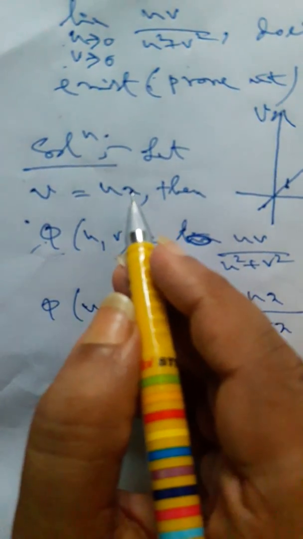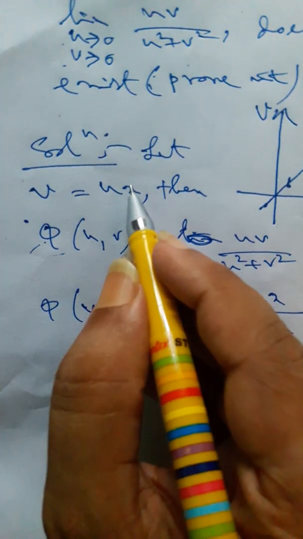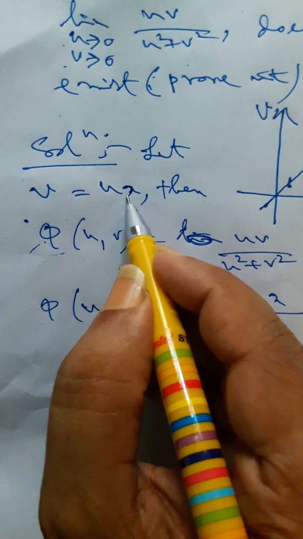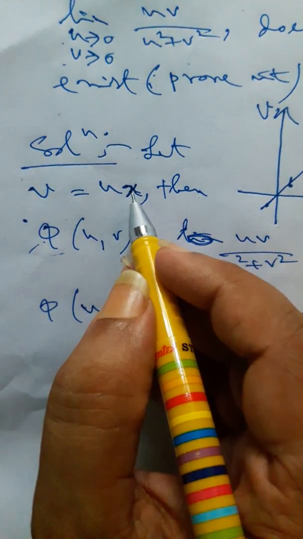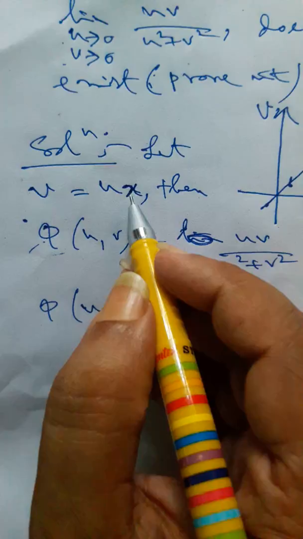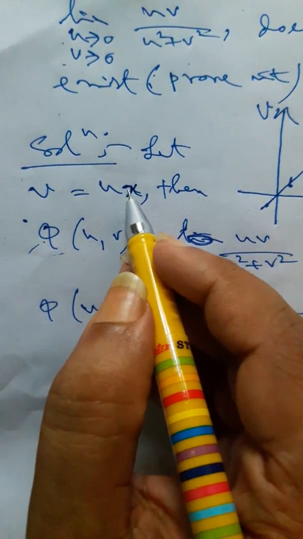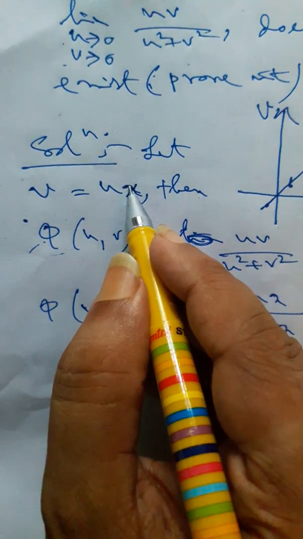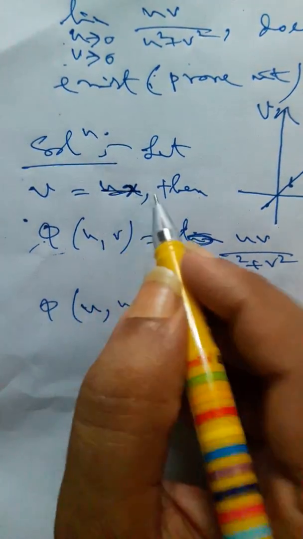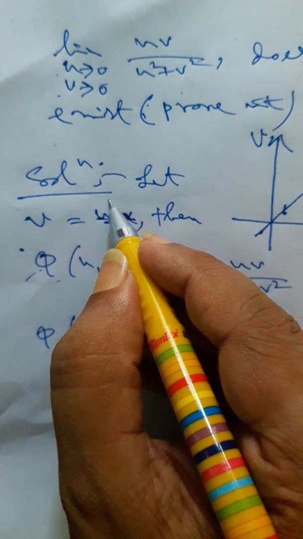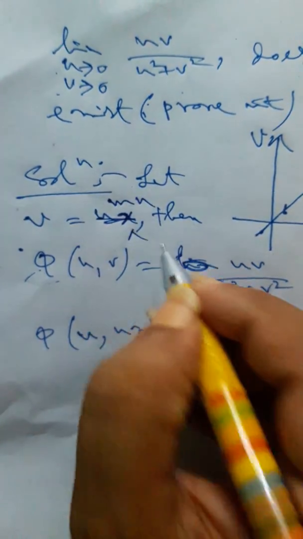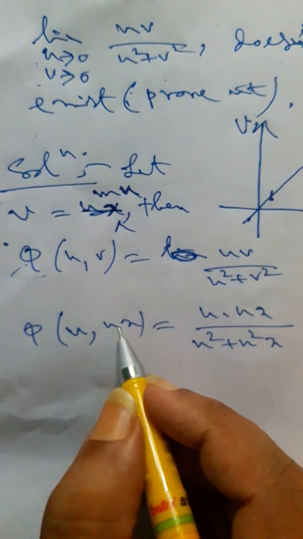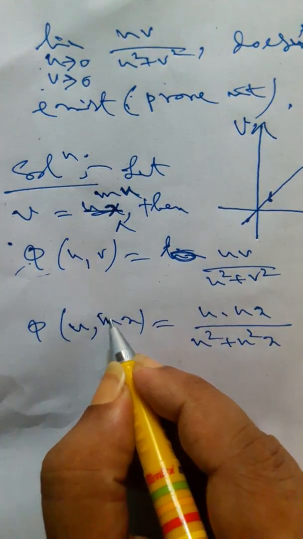Here we can't use x, because x is sometimes treated as a variable and that can cause confusion, so it is better to use m, because we take the form y equals mx, the general equation of a straight line.